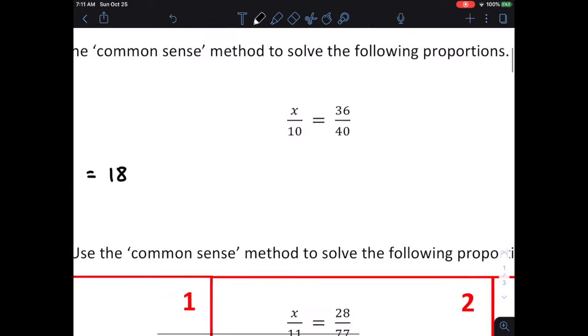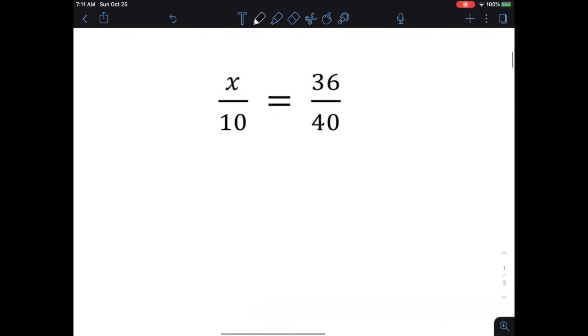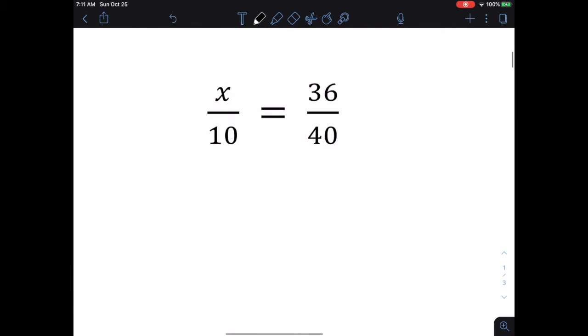If we look at another example, this one is a little bit backwards, but that's okay because the x is on the left-hand side. But we're going to do the same thing. We look at the 10 and say, I need to multiply that times a 4 to equal 40. So now I have some number x that I'm going to multiply by 4 to equal 36.